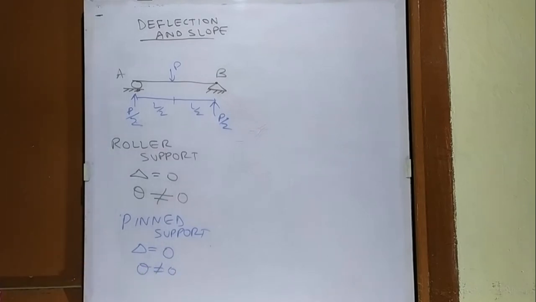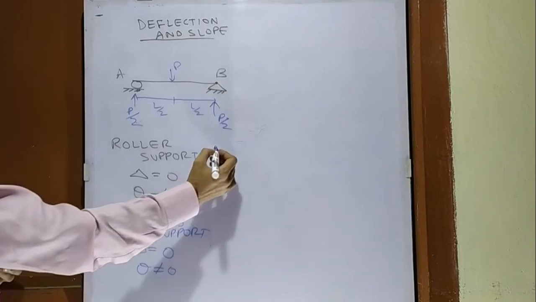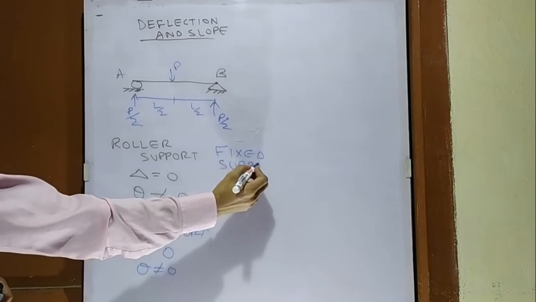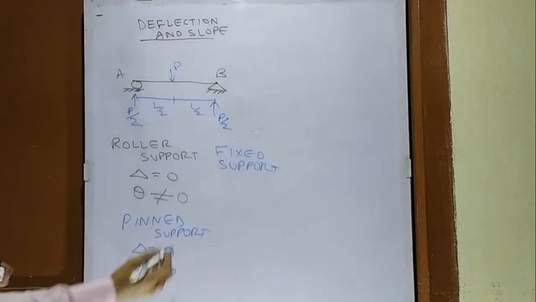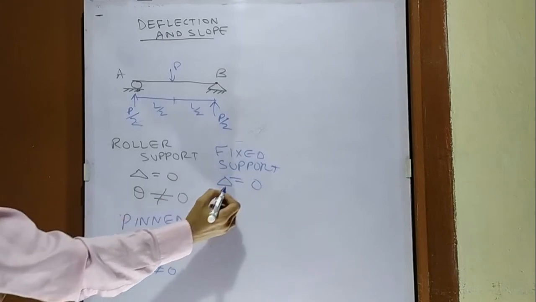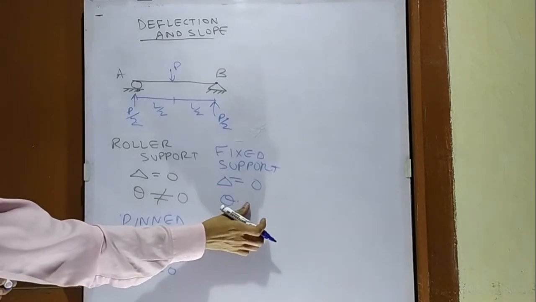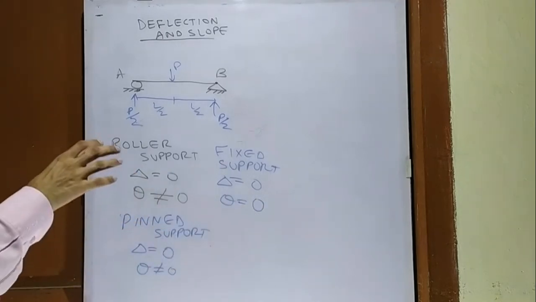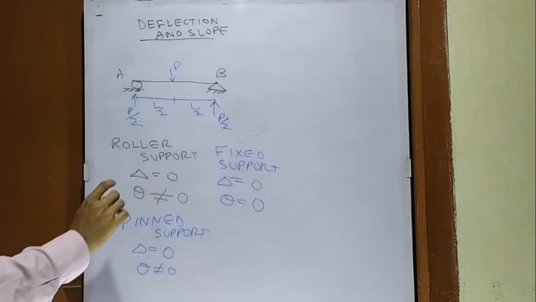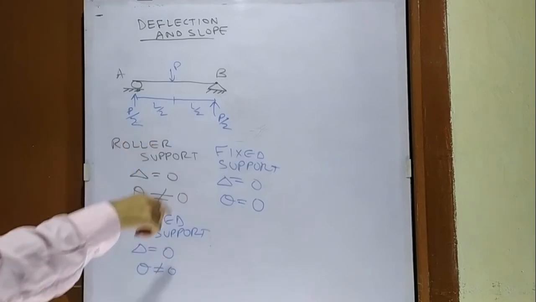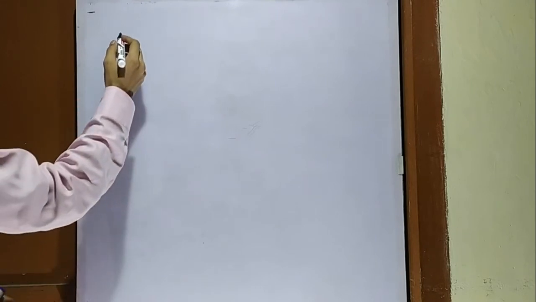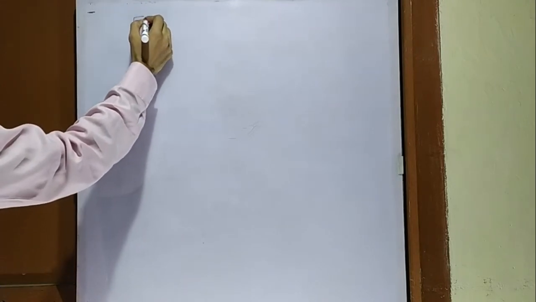And for fixed support, deflection will be 0 and theta will also be 0. So these were the deflection and slope for our three types of support which are generally used in structural analysis. To understand the deflection and slope more clearly, we will take some examples.